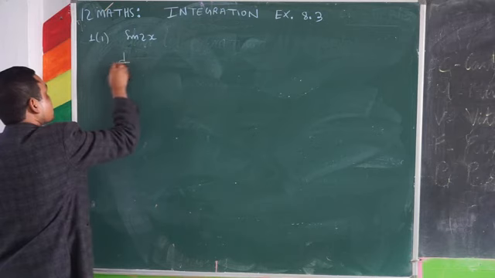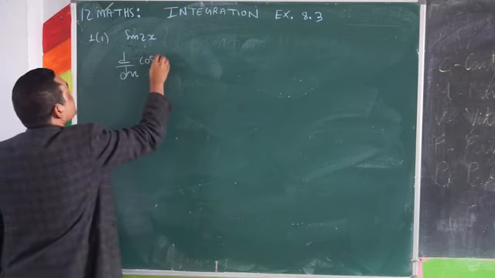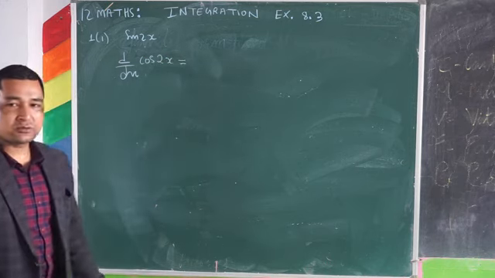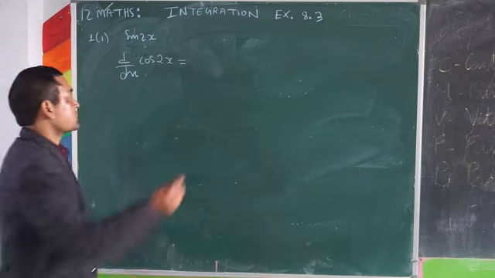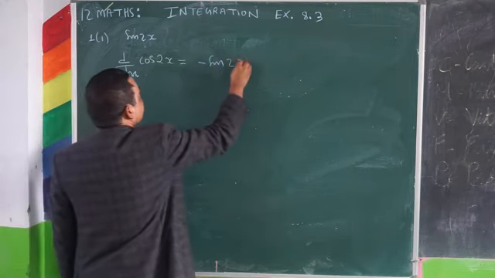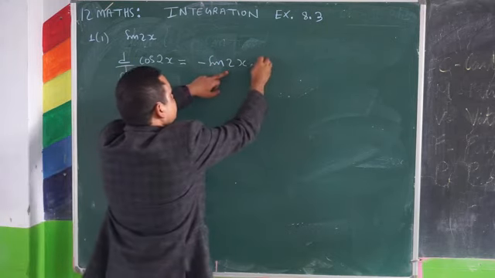We write the differentiation of cos 2x equals what? The differentiation of cos is minus sin 2x, times the differentiation of 2x, which is 2.